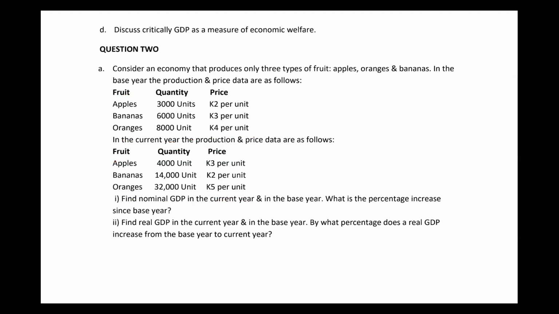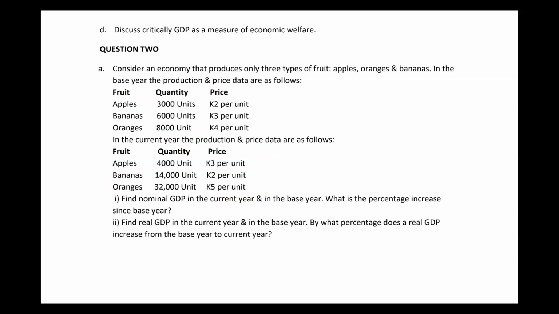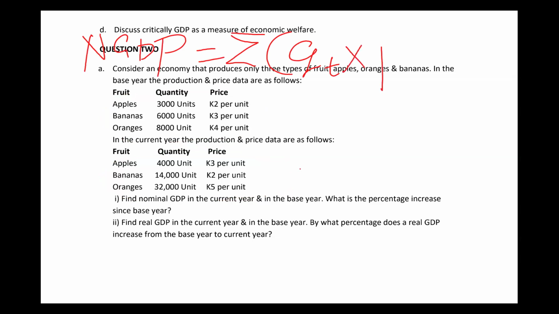So how do you find nominal GDP? Listen, so nominal GDP, write it in full. Nominal GDP is basically the summation of the quantity at T, meaning at the current year, times the price of that very current year.